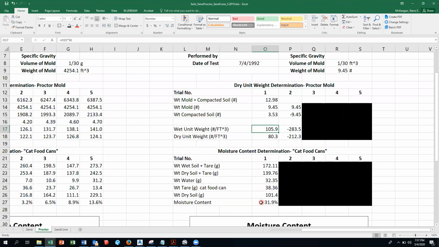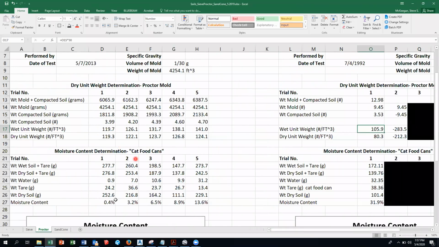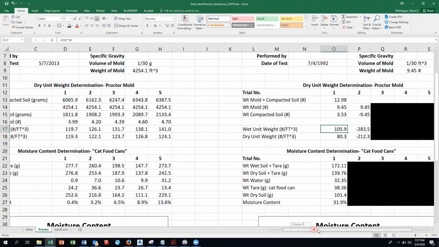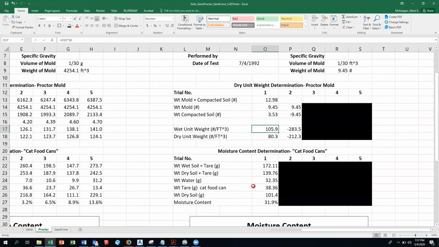And it's 31.9%. Now this is a clay soil. It's going to have a very high moisture content. This is a gravel over here, a gravel or a sand, and it has very low moisture contents. Again, I'm going to update this for you by Thursday, and we'll review this again.